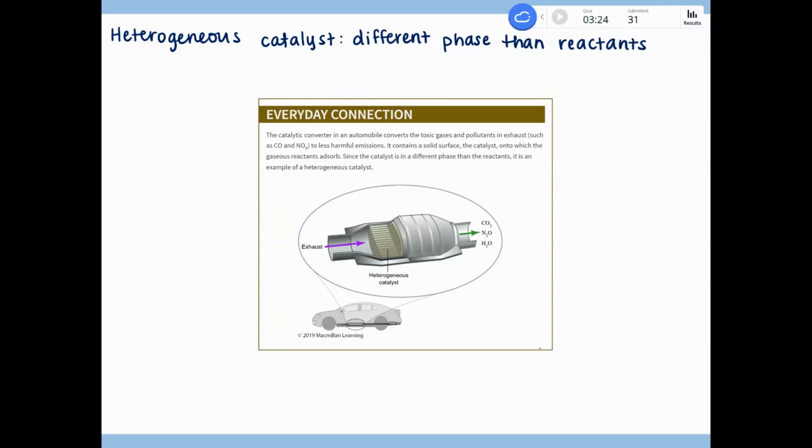So if the catalyst is in a different phase, heterogeneous catalyst. If it is in the same phase as reactants, we have a homogeneous catalyst.